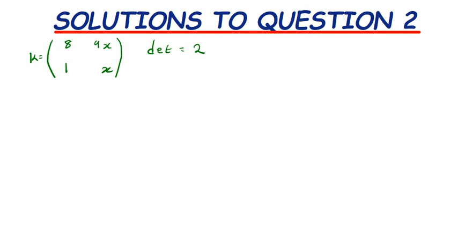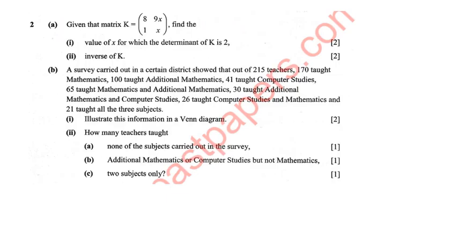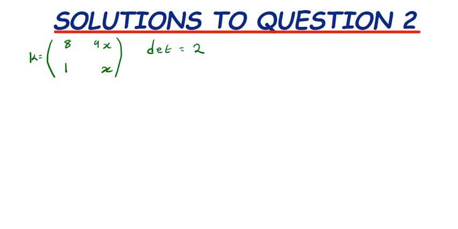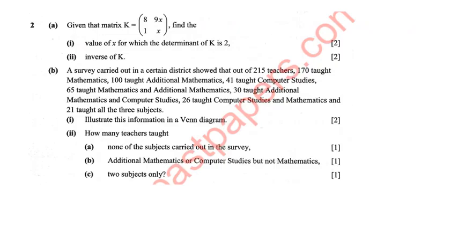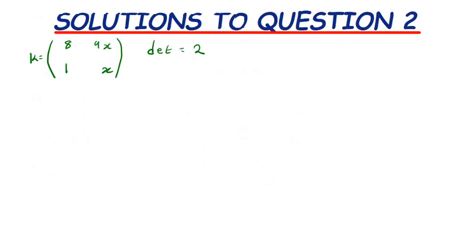Let me see if I've copied the correct question. Okay, 8, 9x, 1, x, the determinant is 2. Yes, like that. So how do we find the determinant? The determinant is found by the major diagonal minus the minor diagonal.